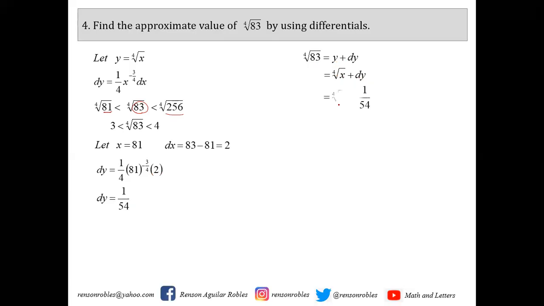And that can be written as fourth root of 81 plus 1 over 54. And fourth root of 81 is equal to 3, plus 1 over 54. And therefore, the fourth root of 83 is approximately equal to 163 over 54.